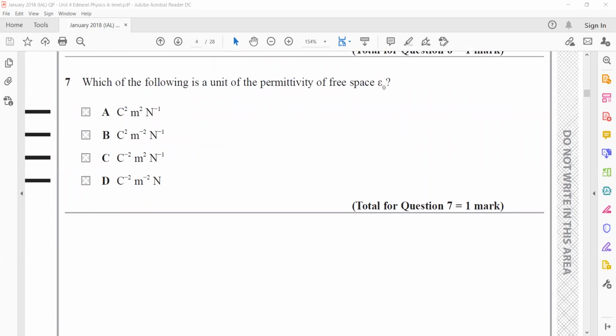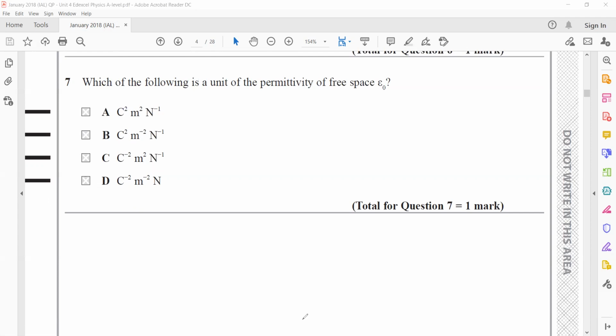Which of the following is a unit of permittivity of free space? Like how much free space allows? So we have this formula. This is related to Coulomb's law.